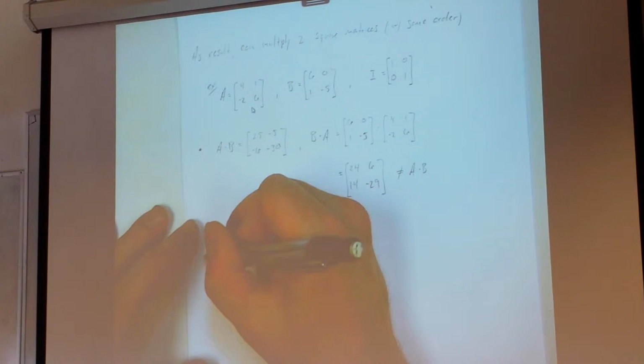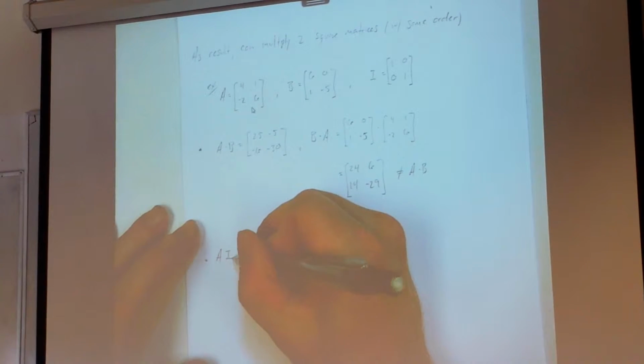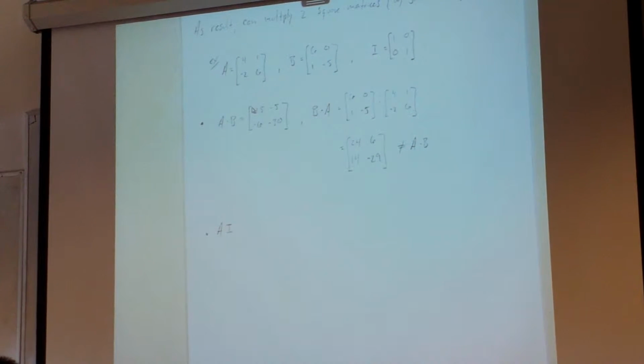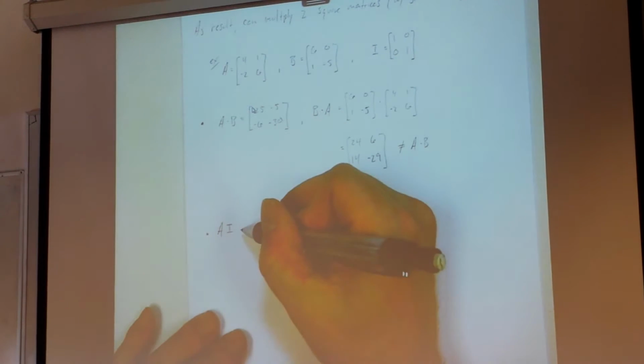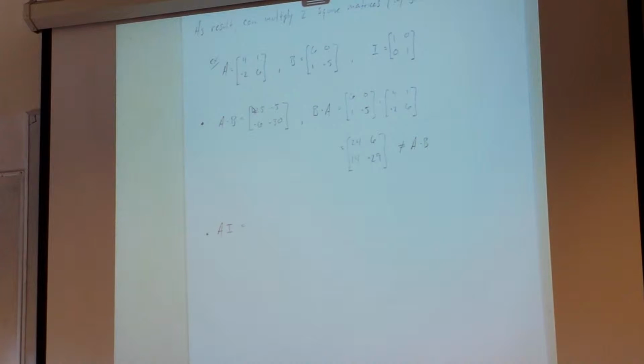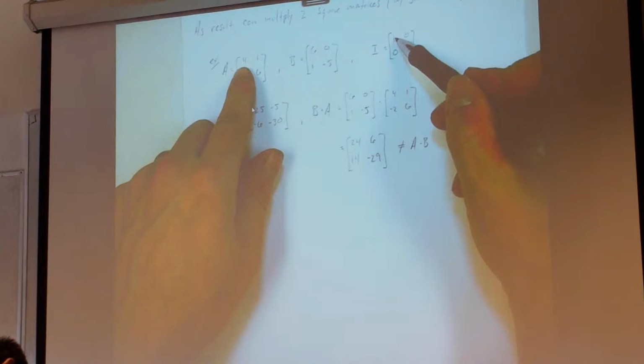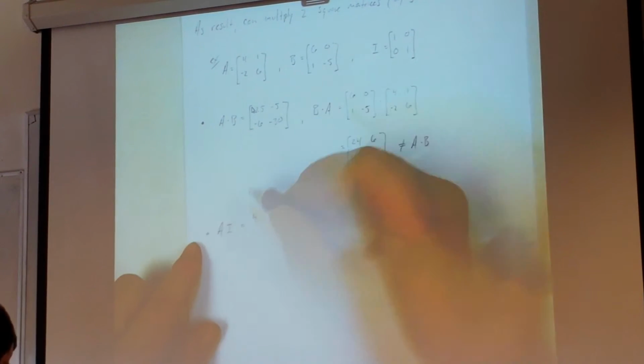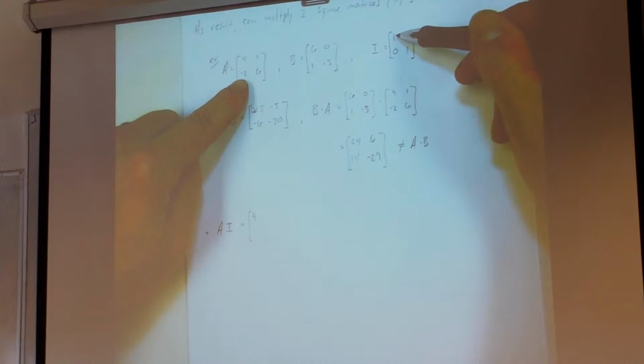Do another calculation here. Find the product of A and that matrix I. Row 2, column 1.